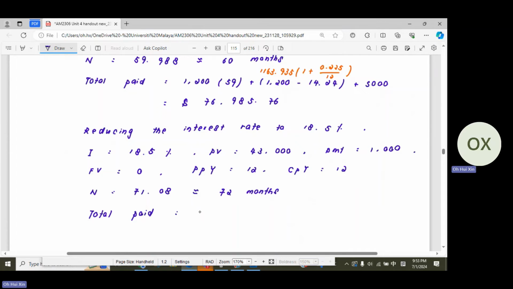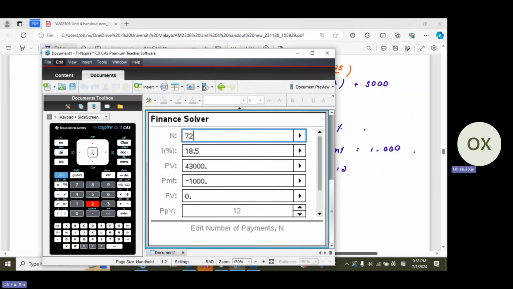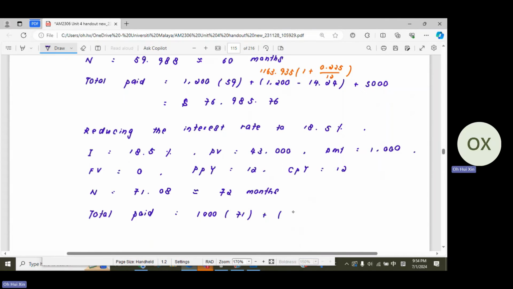For the total pay, you pay $1,000 for 71 months, and for the final month, you change this value to 72 and find the FV. This is the value that you have paid extra. After you minus it, you get the value that you're supposed to pay.